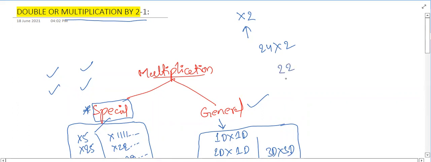We have to add 24 with 24 again, adding the number twice, which is multiplication by 2. So 24 plus 24 results in the same number as 24 into 2, 2 times of 24.